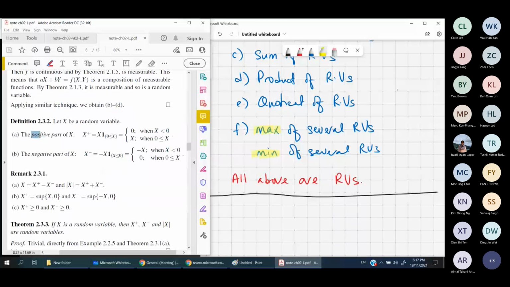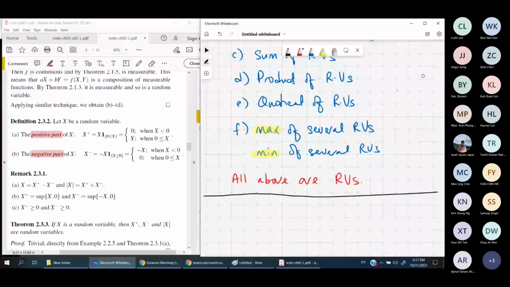So we have two of them, the positive part and the negative part for it. This is actually a bit misleading. The negative part is in fact a positive value. So just look at the definition given like that.